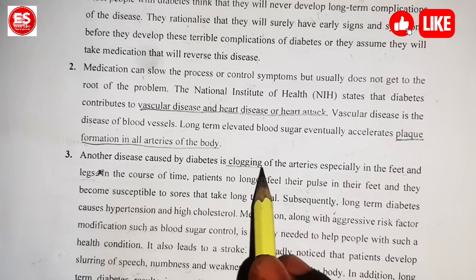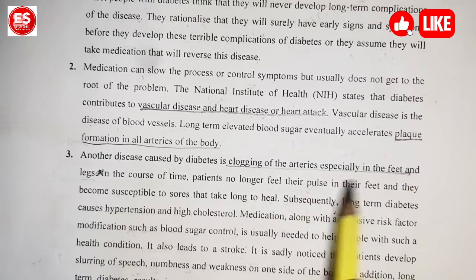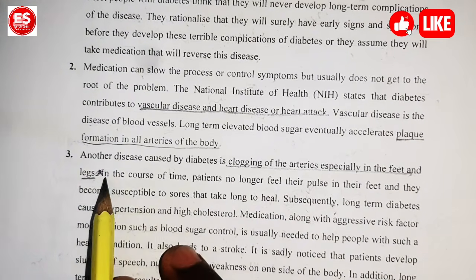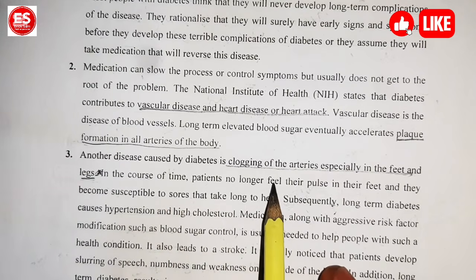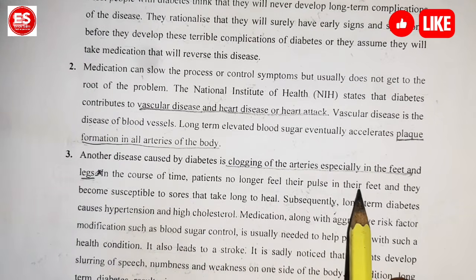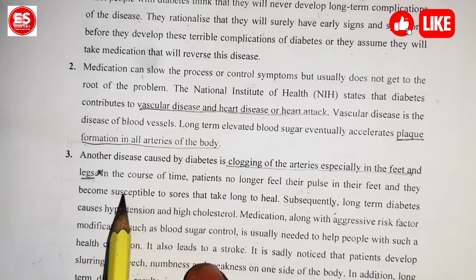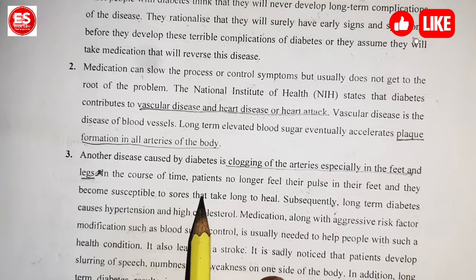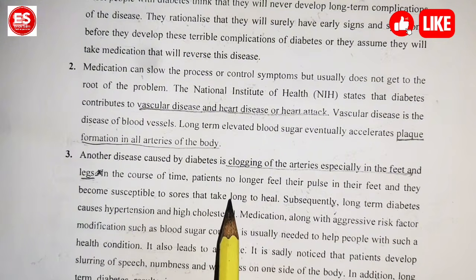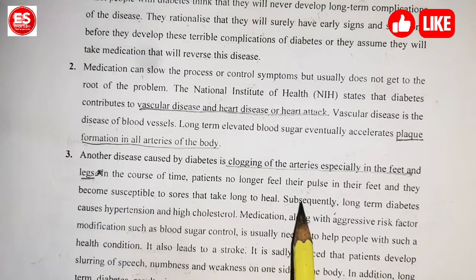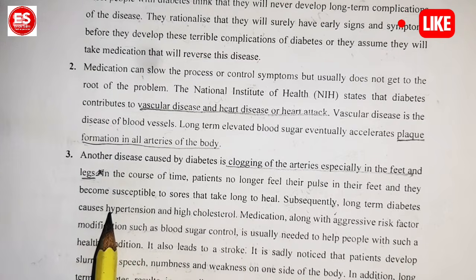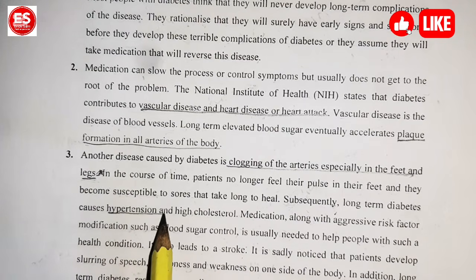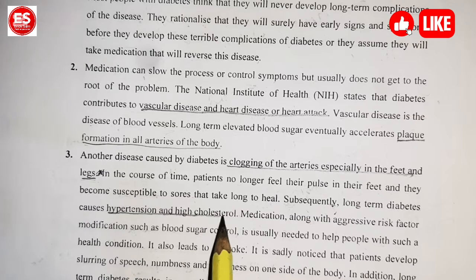Clogging of the arteries, legs. In the course of time, patients no longer feel their pulse in their feet and they become susceptible to sores that take long to heal. Okay, subsequently, long-term diabetes causes hypertension and high cholesterol, right?